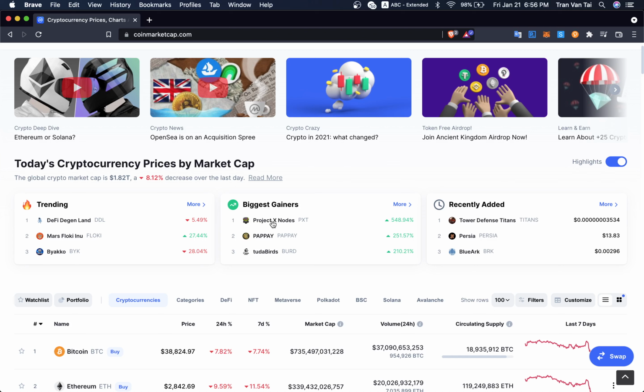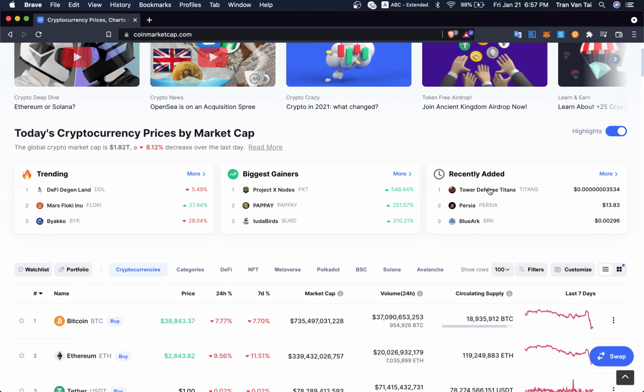And maybe I haven't heard of this Rogers so far. And now recently added tokens in the market here. You see here a lot of tokens. Yes, this token has a lot of zero numbers here.